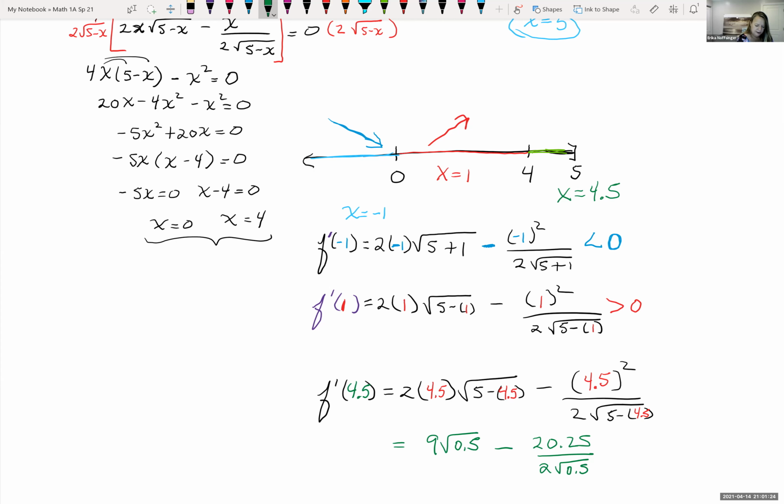This piece here is about 14.3, and 9 times the square root of 0.5 is 6.3. So I see that this is going to be less than 0. This is less than 0, it's decreasing.